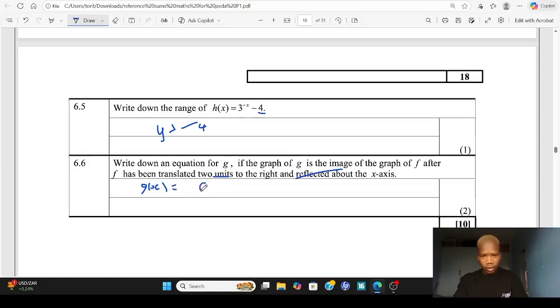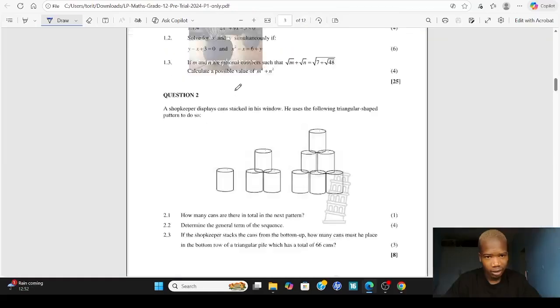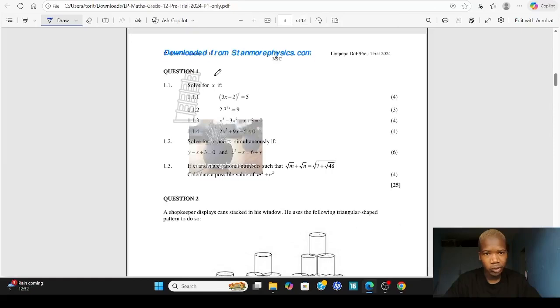So we know that it's f of x minus 2, right? And it is reflected about the x-axis, right? So the equation now is minus 3 to the power x minus 2. So that is the equation of g of x that you will have to do on your own.